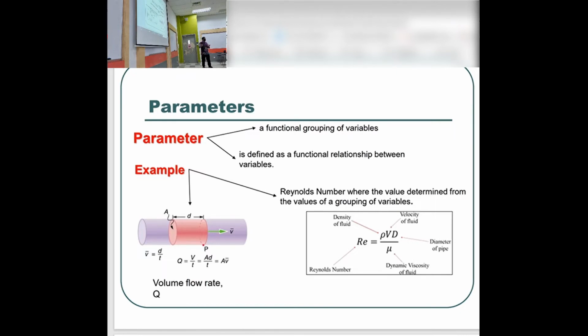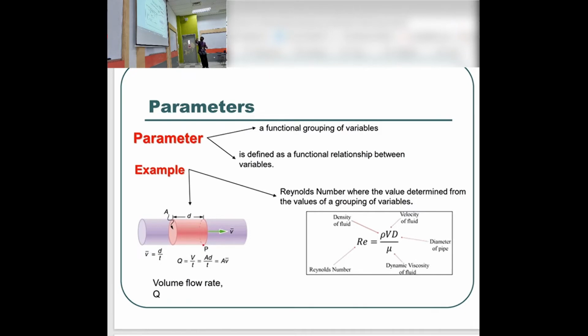For example, Reynolds number. Reynolds number is some sort of indication. If Reynolds number is high, it will give some indication of what happened in the system. What else? Flow rates are also parameters. But does it vary? Yes, it varies. The only thing is, inside the parameters, there are a lot of variables.